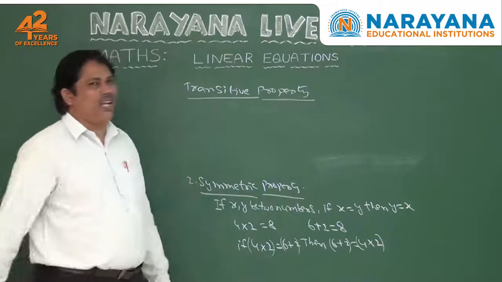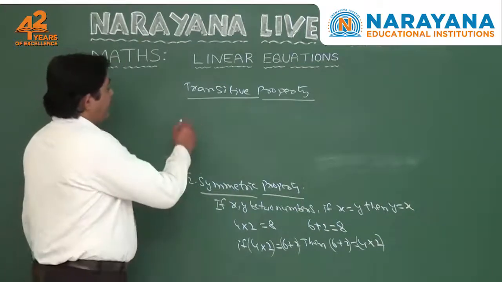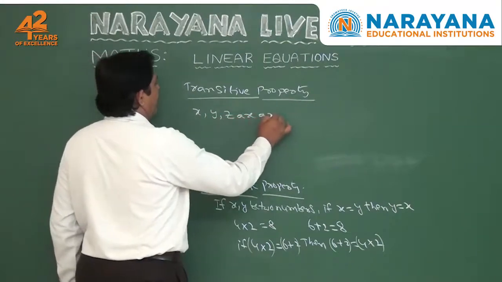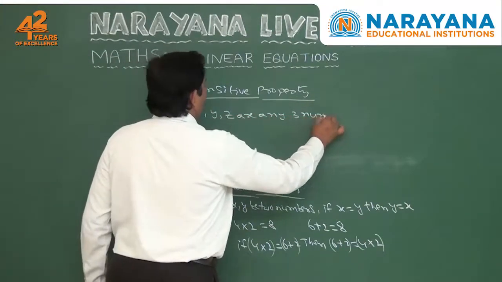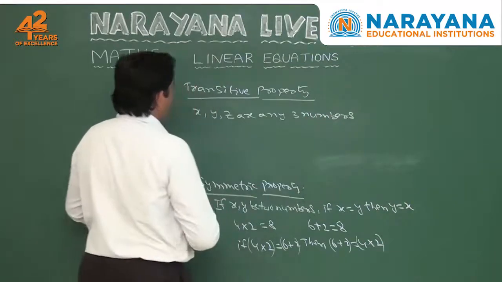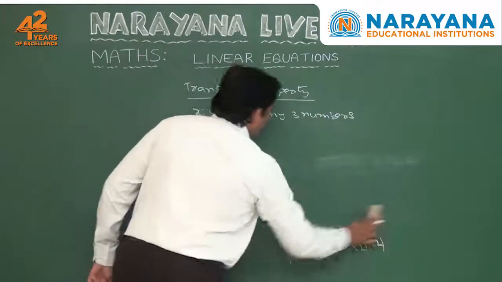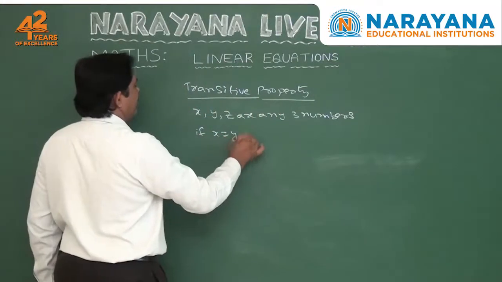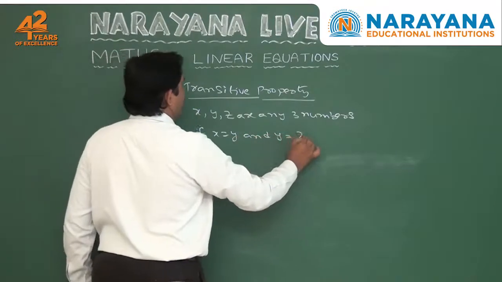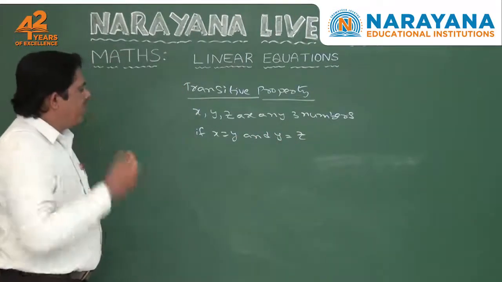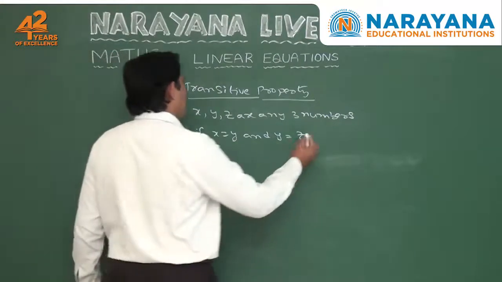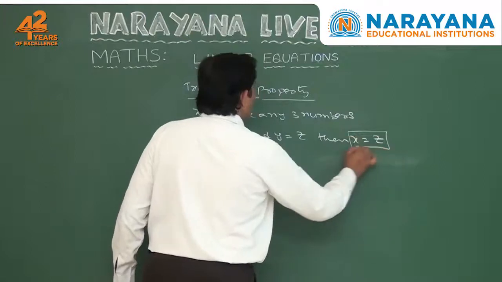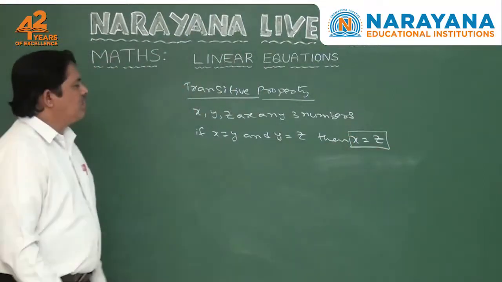For example, x, y, z are any three numbers. If x equal to y and y equal to z, then x equal to z. This property is called the transitive property.